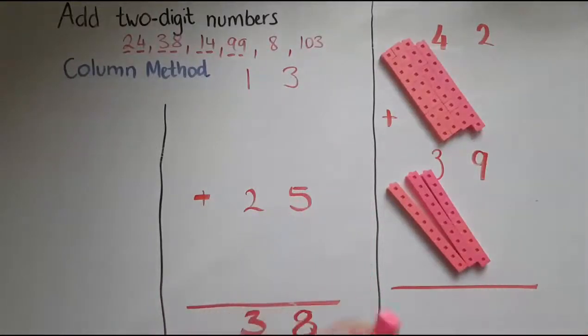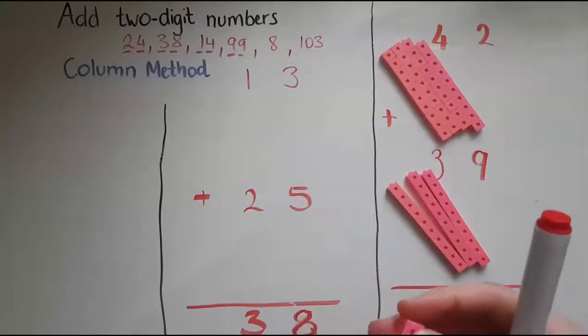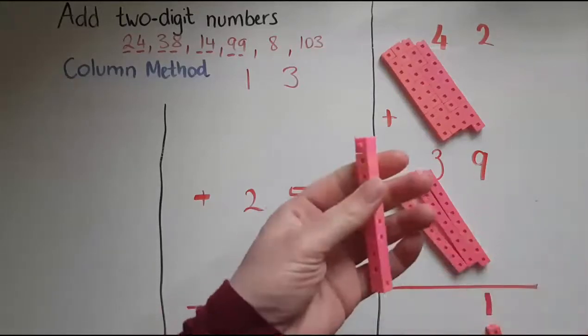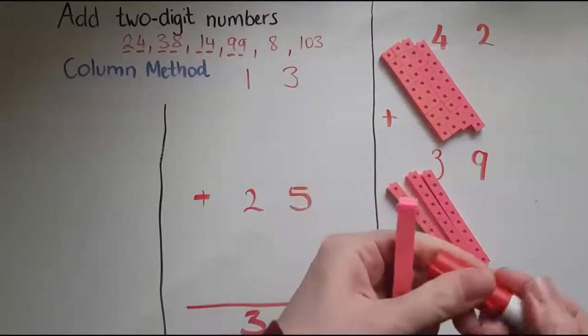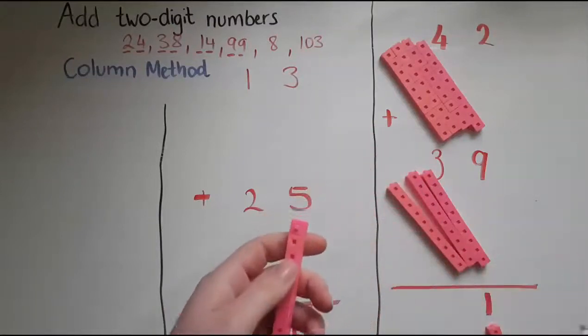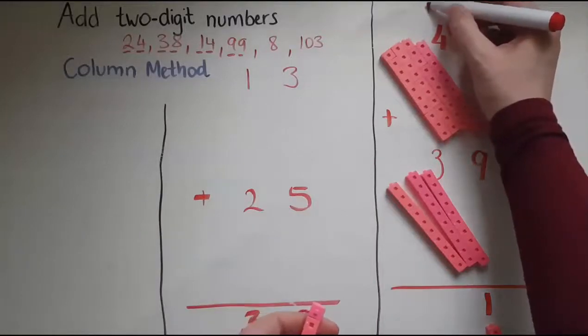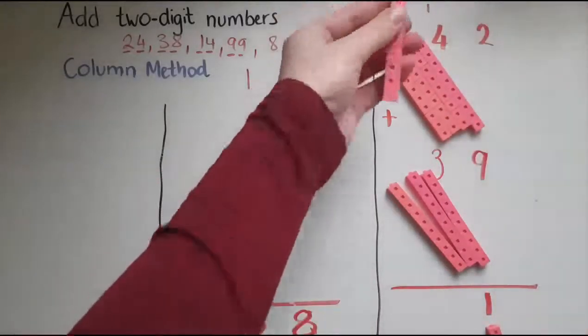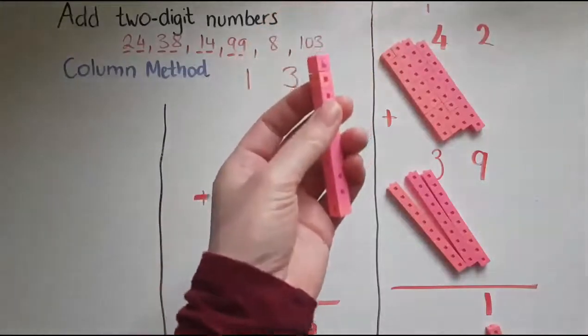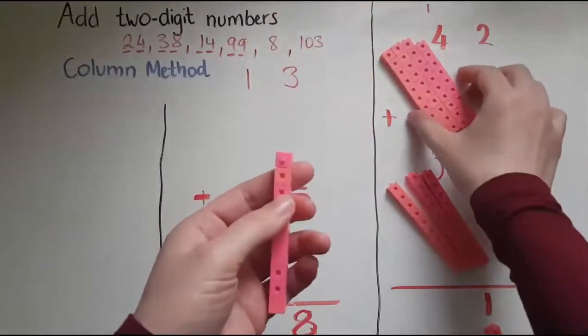So I will put a 1 here for the units. Now I've got a spare or an extra one, a left one, which I like to write here at the top. So that is represented by this. So let me count.